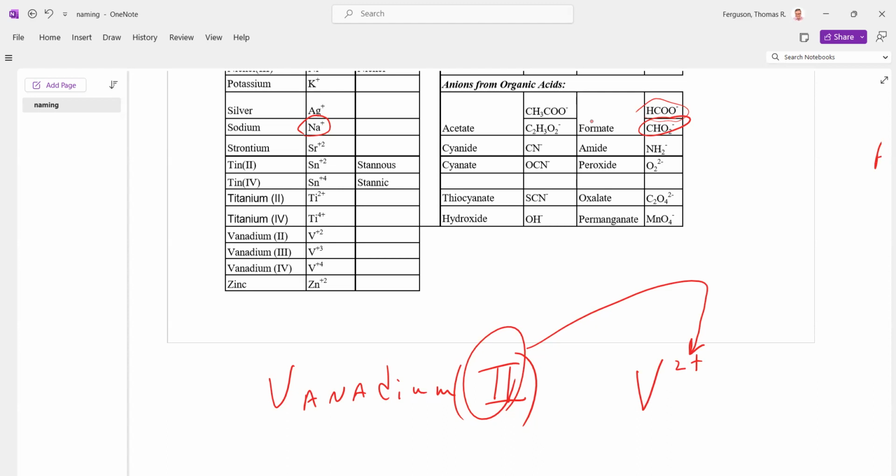Now you're going to find the metal cations, the metals in the middle of the periodic table, frequently have multiple versions of the ions. So that's what this does. This distinguishes what the charge is. So vanadium 4 is vanadium plus 4.